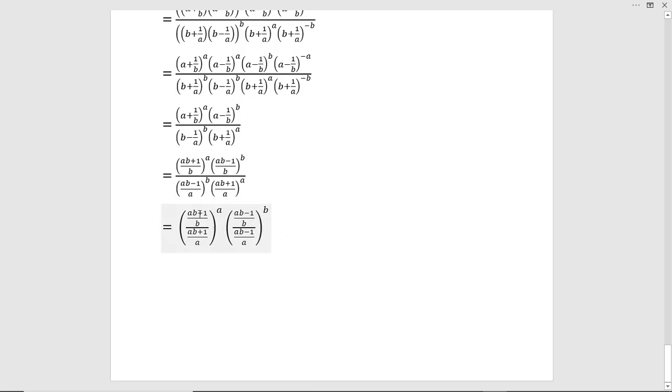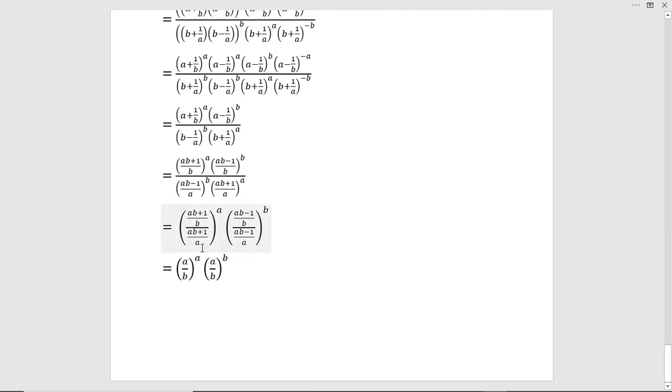And if you divide the two terms, then you will get the same numerator and different denominators. So by dividing these two expressions, you will get a by b, and also by dividing these two expressions, you will get a by b. So a by b whole to the power a and a by b whole to the power b.